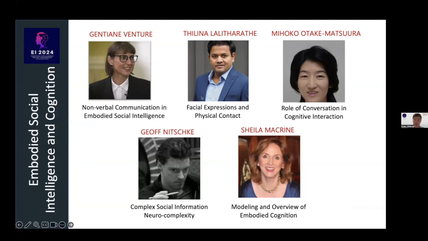And Telina was focusing more on facial expression for non-verbal communication as well as physical contact. He gave some examples of modeling of facial expressions, making a robotic face, as well as using this physical contact in the robot patient scenario.